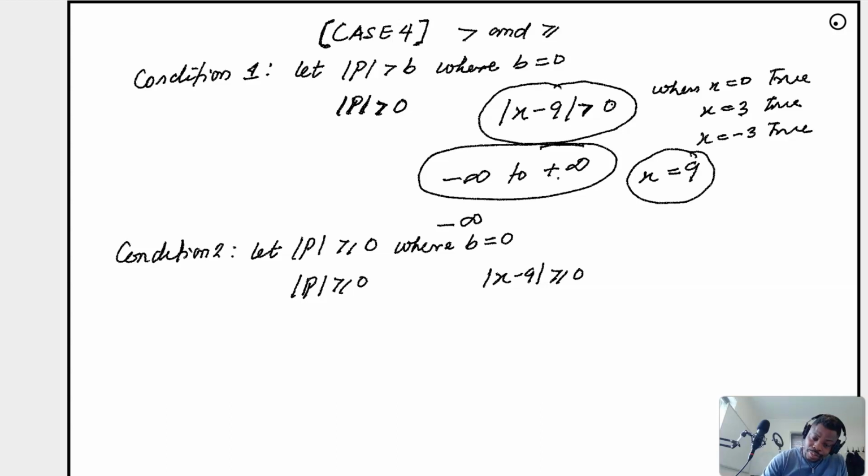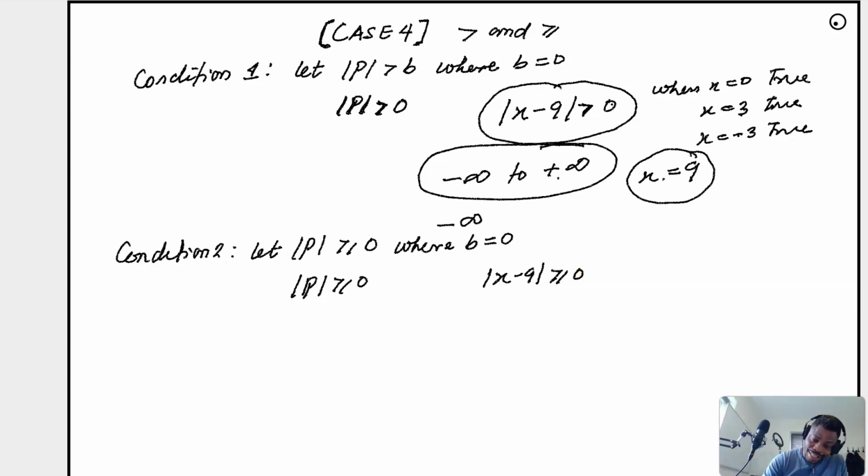When x is 0, if I put 0 here, that will be modulus minus 9, and modulus minus 9 is 9, which is greater than 0. That is correct. Now, if I say x is 3, 3 minus 9 is minus 6. Modulus minus 6 is 6, which is still greater than 0.